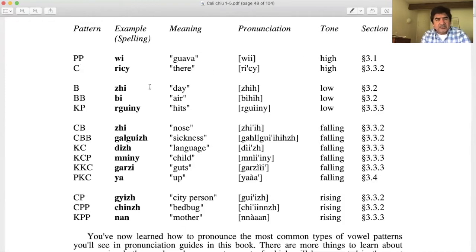Then we have the breathy. Remember, that's more like a whispering sound, so it is a low tone. It's really breathy, but it's still low tone. And the creaky vowels are also low tone. As you can see here, the check and the breathy is a falling tone.